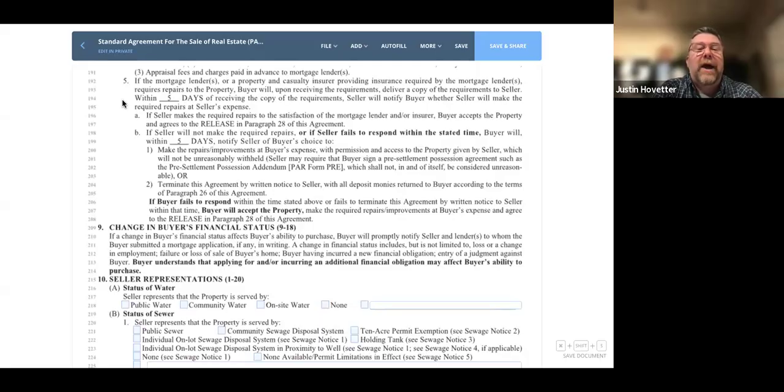If the seller will not make the required repairs, or if the seller fails to respond within the stated time period, the buyer has 5 days to notify the seller what they're going to do. And they can decide to make the repairs at their own expense with the permission and access to the property given by the seller, or they can terminate the agreement.